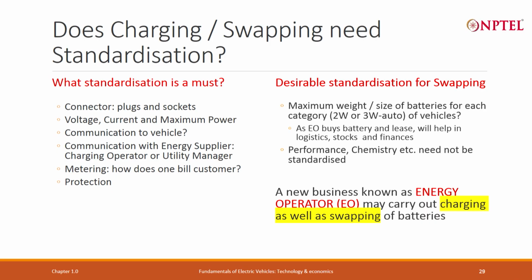We will remember that we had talked about that when we do the swapping, we will have a new business called energy operator, who will buy a battery and lease out the battery. So, that business will require something a little more about the batteries. The batteries that the energy operator purchases can be used by different vehicles, otherwise their operation will not work.